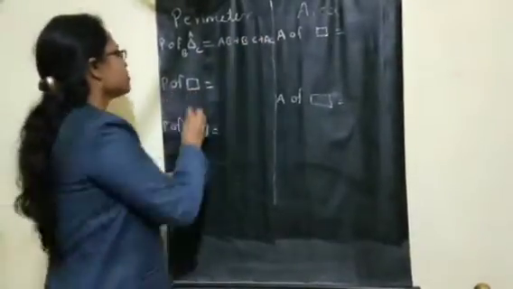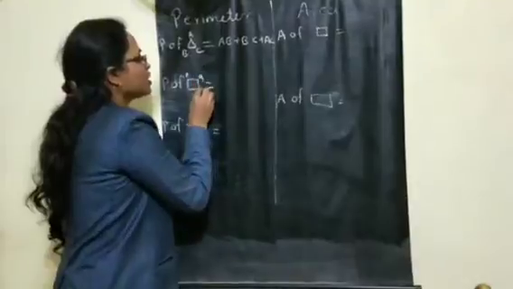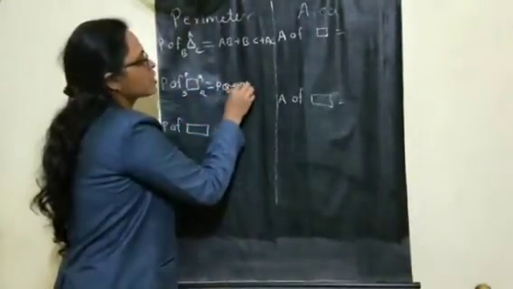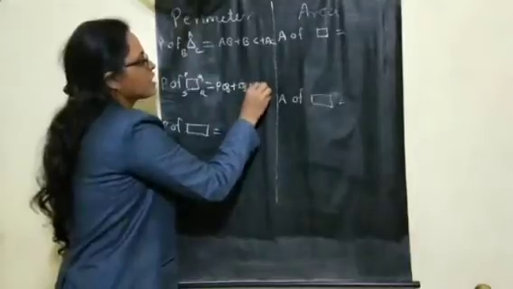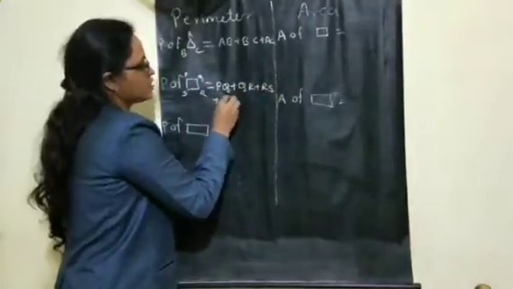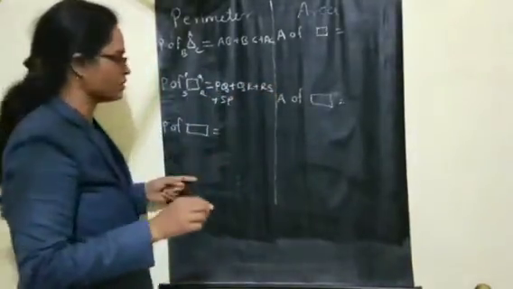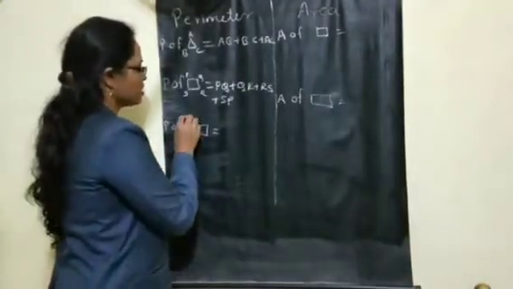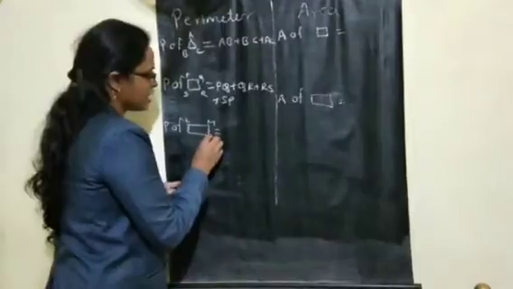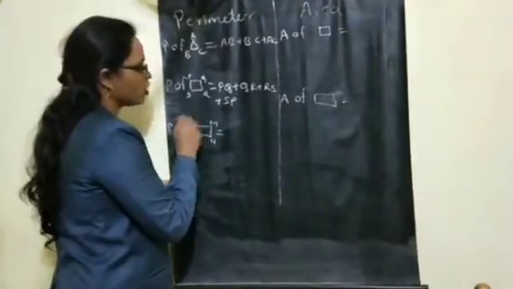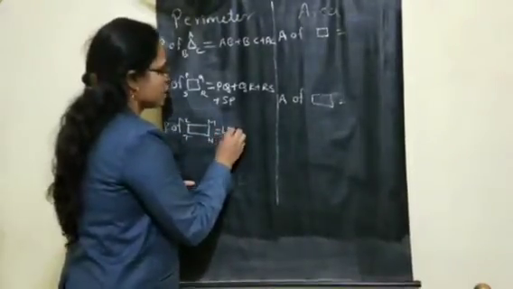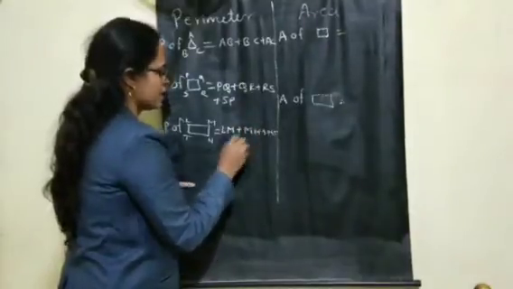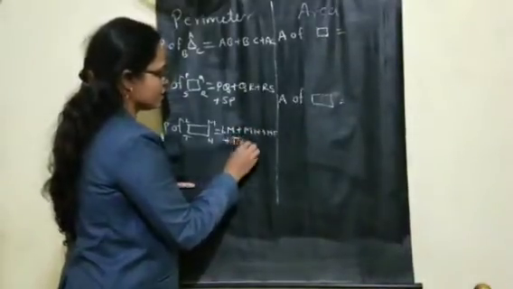For the perimeter of a square, if it is PQRS, you have to add PQ plus QR plus RS plus SP, or all the boundaries. For the perimeter of a rectangle, children, if it is LMNT, add all the boundaries, that is LM plus MN plus NT plus TL.